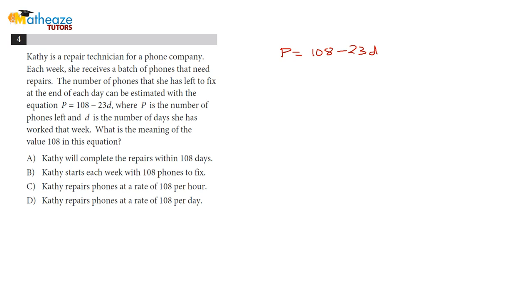So P is the number of phones left, okay? Phones left over. And D is the number of days she worked. So what would 108 represent?